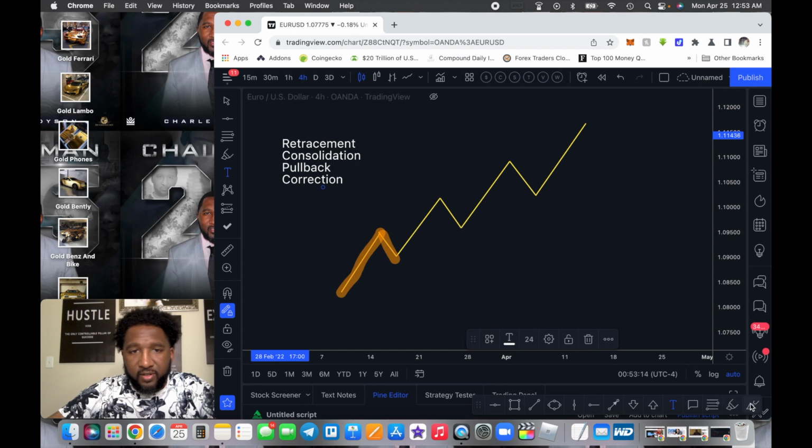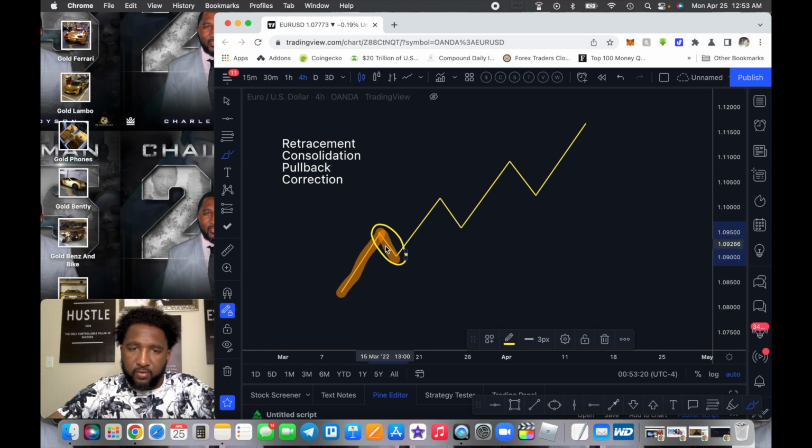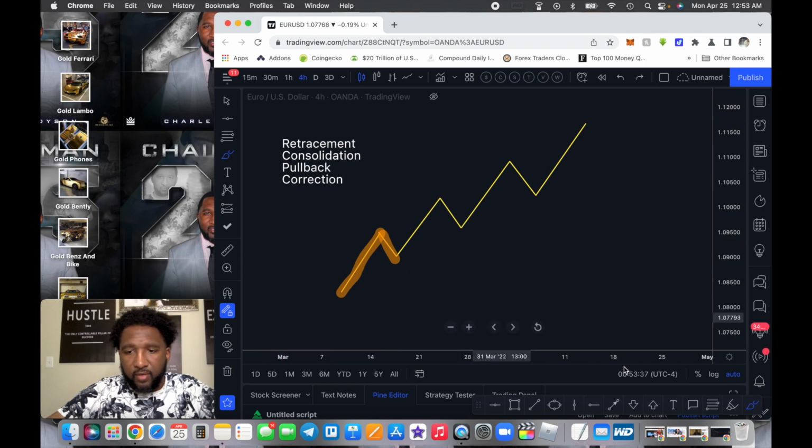You'll hear different traders use these words interchangeably, but this part of the move can be called any of these terms: retracement, consolidation, pullback, or correction. You'll most likely always hear me refer to it as a correction or a pullback. You might hear me say retracement, right? But that's what that's called.